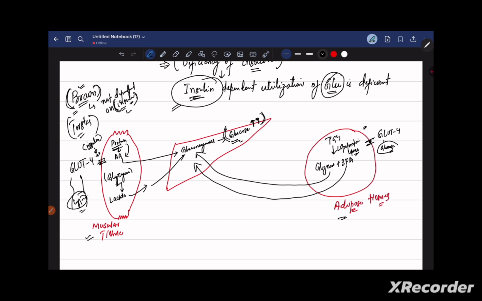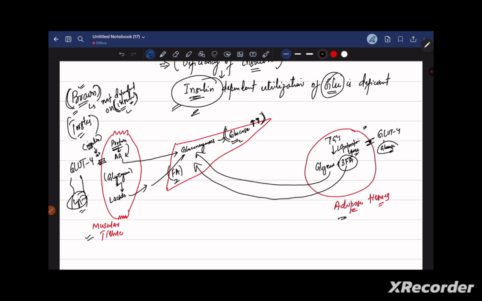But remember, when there is deficiency of insulin, there is such a huge production of free fatty acids that the liver gets overwhelmed by these fatty acids. Normally these fatty acids were not produced. Why? Because glucose was converted into glycerol, and glycerol used to catch these fatty acids and convert them to triglycerides.